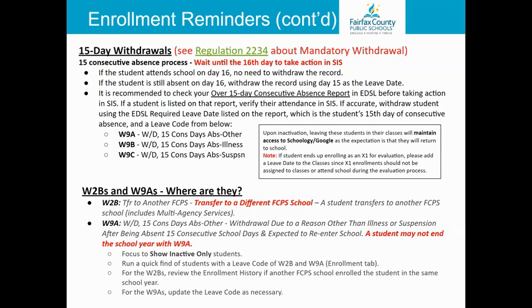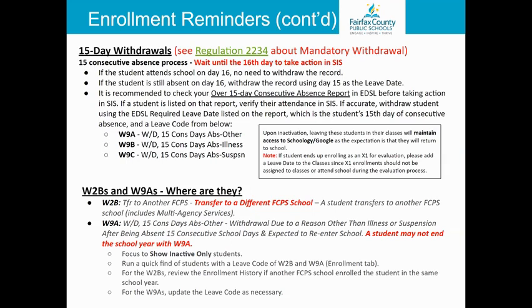It's Virginia code, mandatory withdrawal. We have regulation 2234 linked here, but any students that are absent from school for over 15 consecutive days must be withdrawn. So no matter what the reason is. Our tip is please wait until day 16th. In case that student shows up on day 16th, there's no need to withdraw the student from SIS.